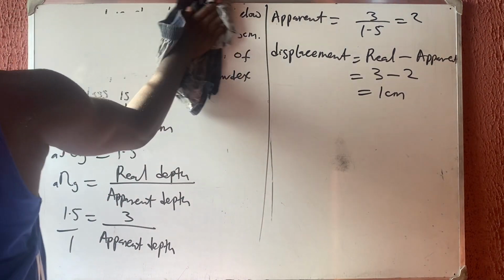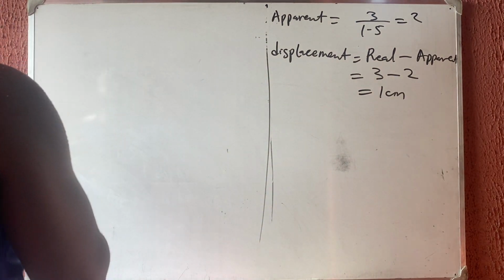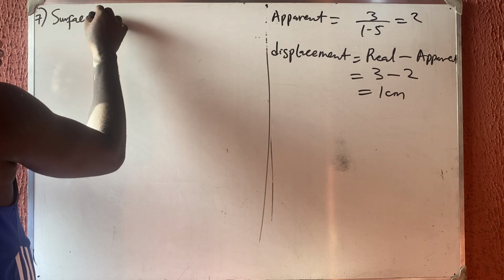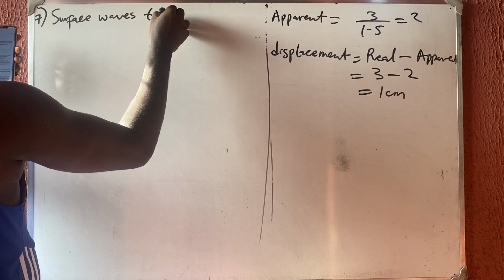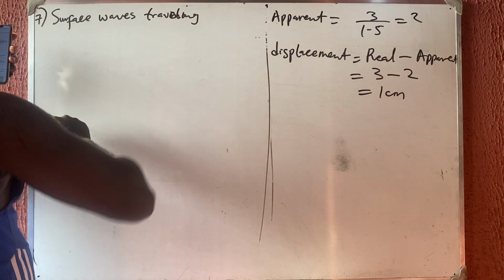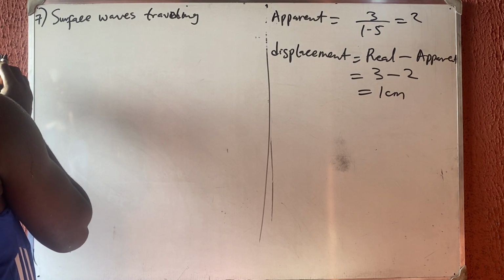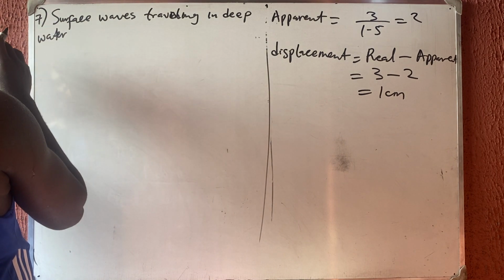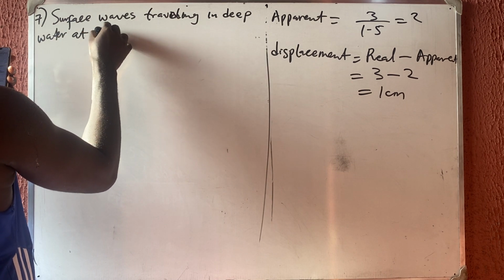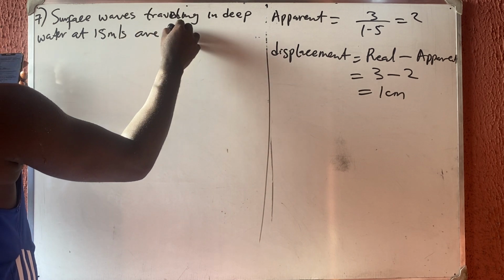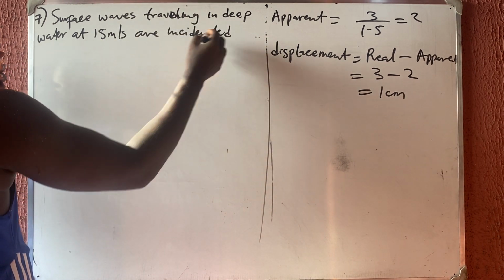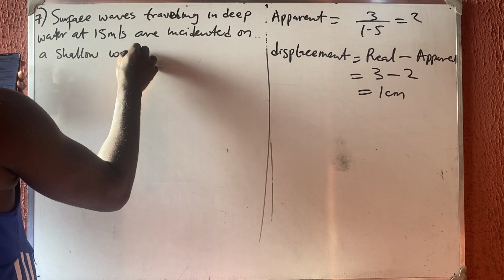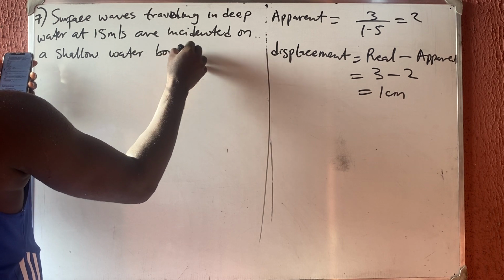Question number 7. It says surface waves traveling in deep water at 15 meter per second are incident on a shallow water boundary.